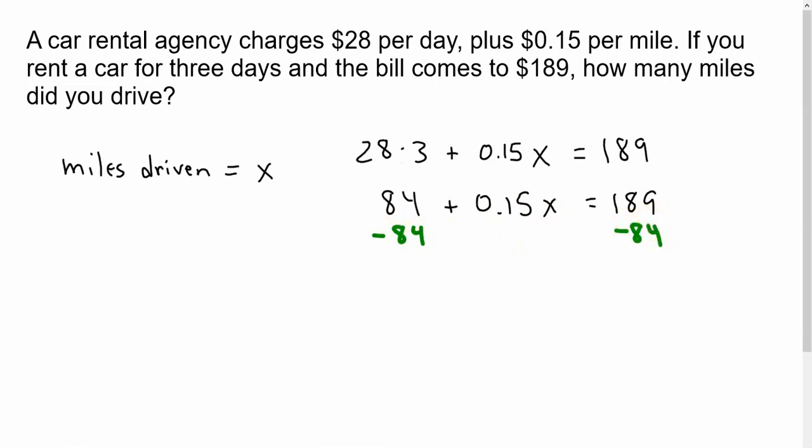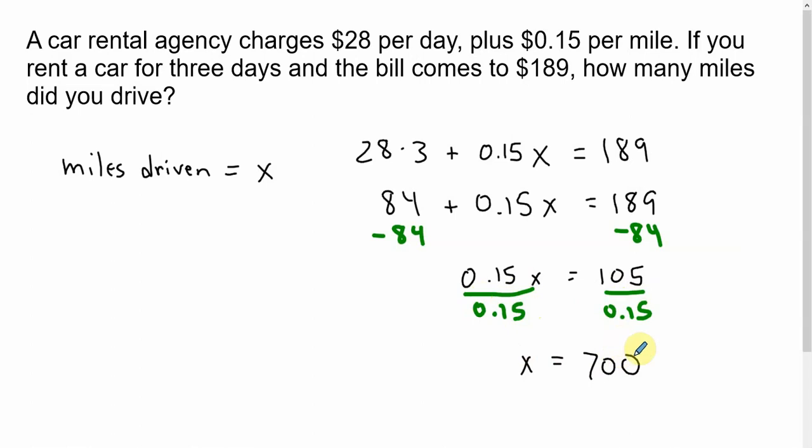So 84 take away on both sides. That cancels here. Just 0.15x. And here I guess we'll get 105, right? Okay, and then we'll divide by 0.15 on both sides. We just get x here. And so 105 divided by 0.15 is exactly 700.